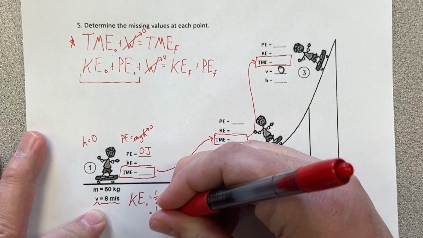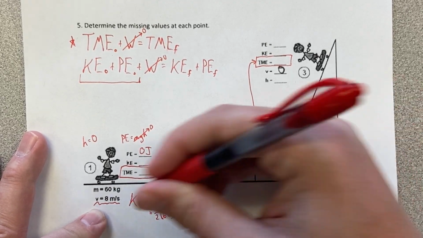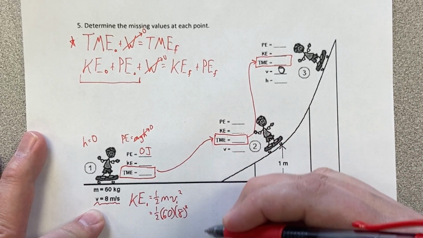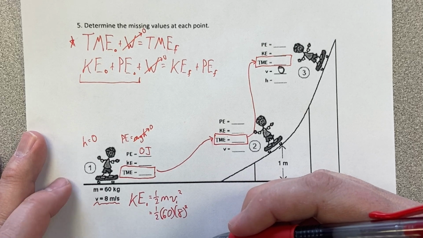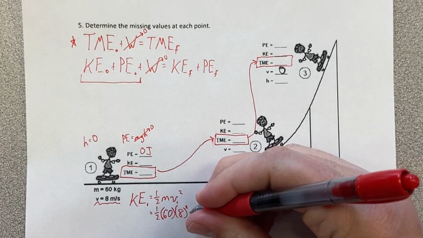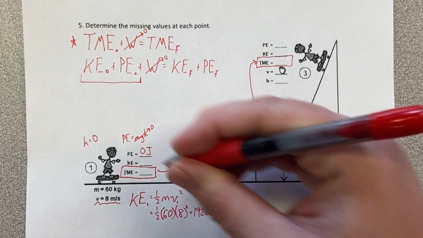So I can quickly calculate 1/2 times 60 times 8 squared. When I put this into my calculator, I get 1,920 joules.